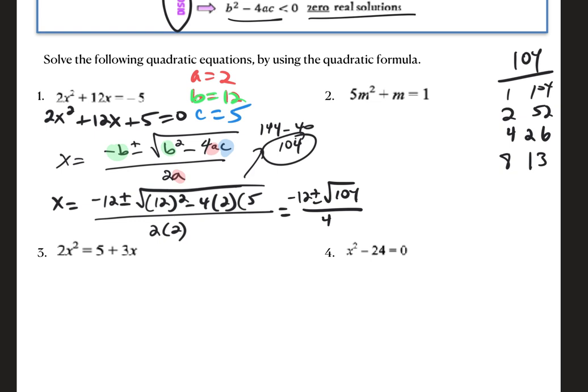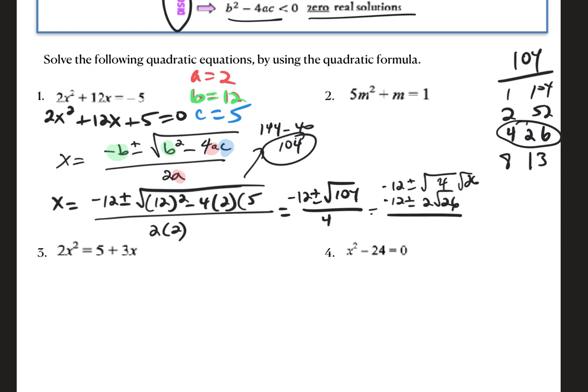These are all of the things. I'm looking to see if I can pull out a perfect square number. Here's a perfect square number, 4. 4 is a perfect square number. So I can go ahead and say negative 12 plus or minus. This can be broken down into 4 times 26, and the square root of 4 is 2.